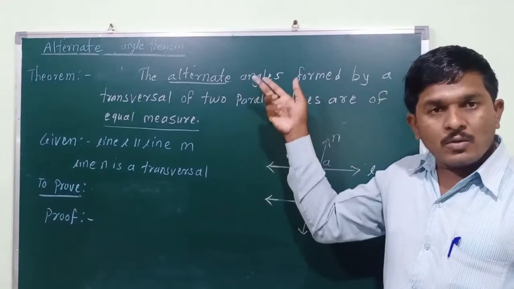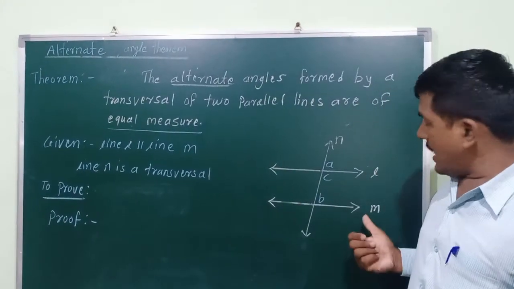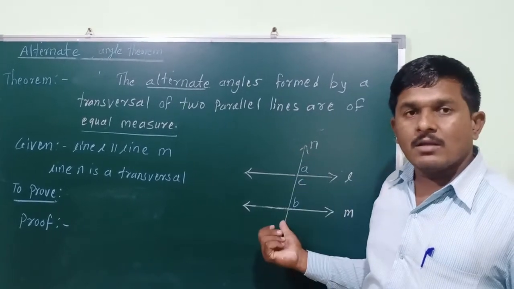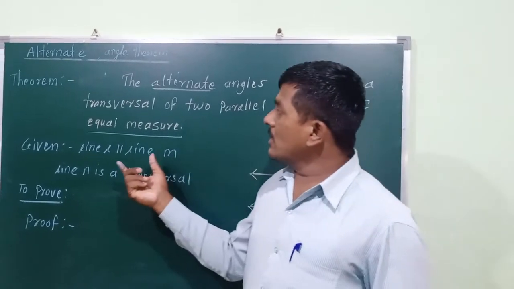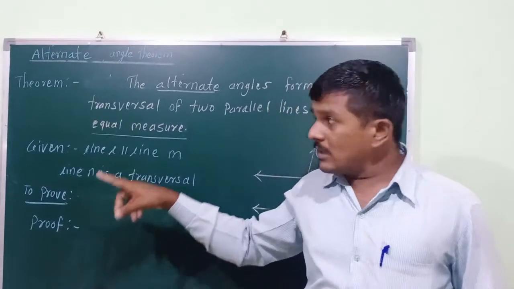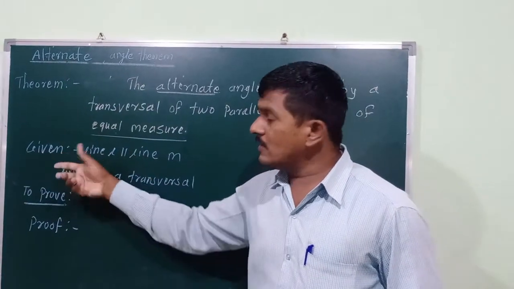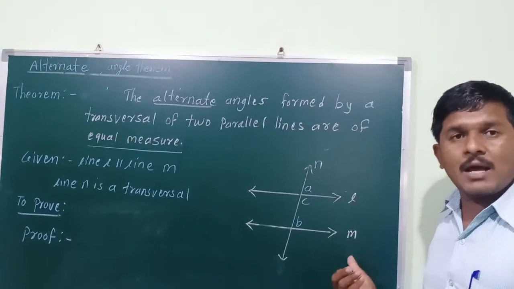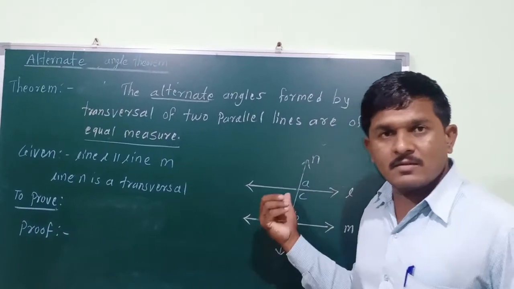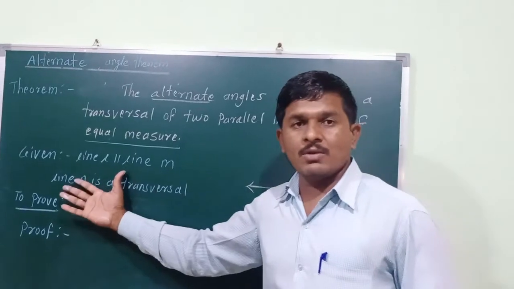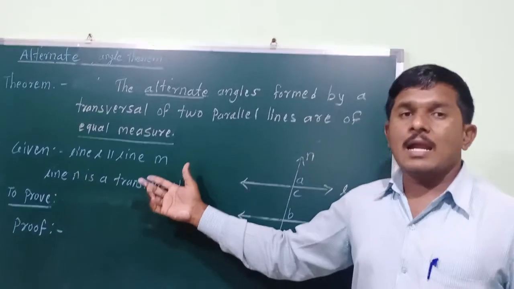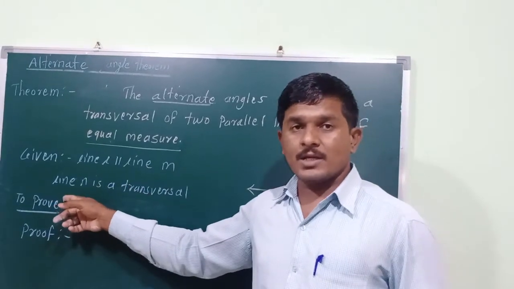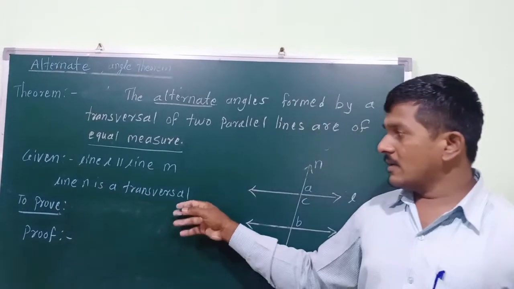There are two parallel lines, line L and line M, and line N is the transversal. The given of both theorems is the same, because lines L and M are parallel and N is the transversal. Hence, the given is line L parallel to line M and line N is the transversal.